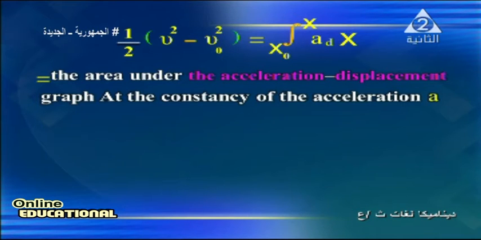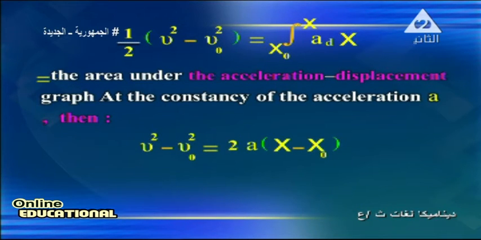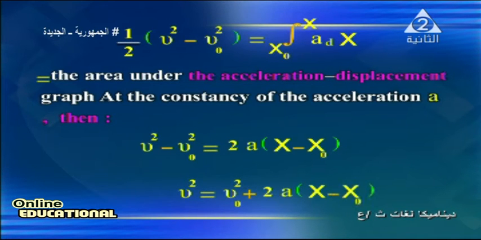At constant acceleration a, then half v squared minus v naught squared equals a times x minus x naught, or v squared minus v naught squared equals 2a times x minus x naught. Then v squared equals v naught squared plus 2a times x minus x naught.